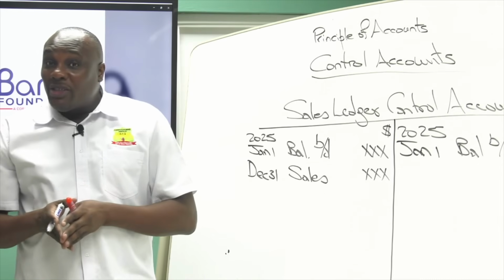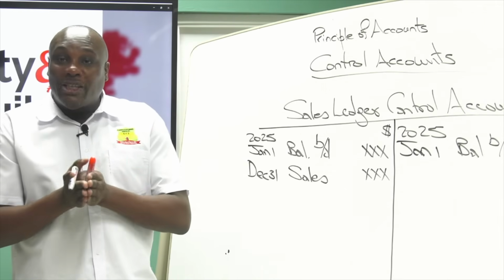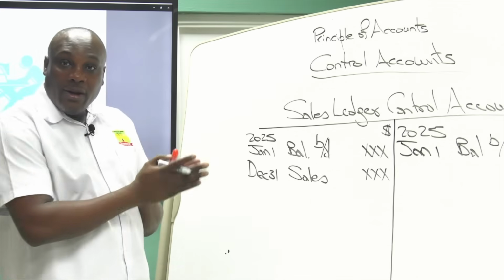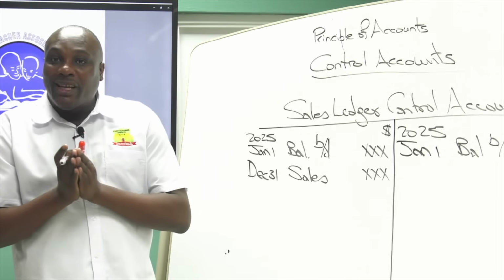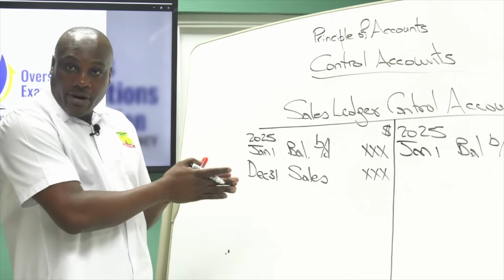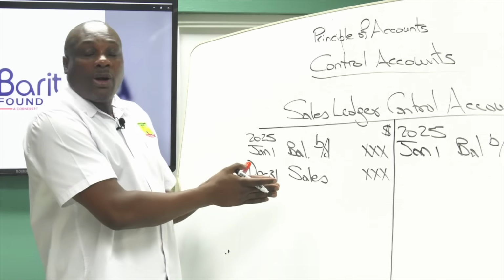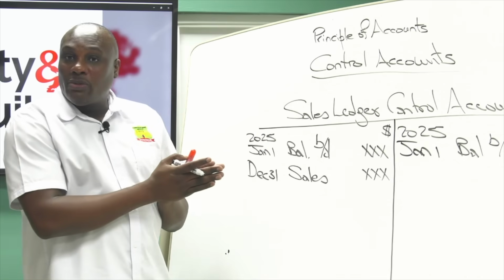And remember again, student, we must also remember the double entry ruling. Although these are called single entry, we must have the double entry ruling concept nonetheless for us to appreciate whatever entry that we made here. Now, here I record sales on the debit side of the sales ledger control account.